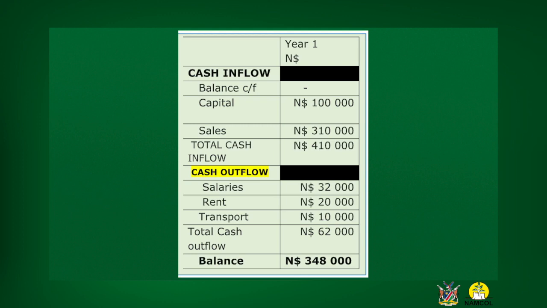And we get a balance of 348,000 Namibian dollars. Now, we have a full focus for year 1. Very good. Stay with me. Let's move on to year 2.